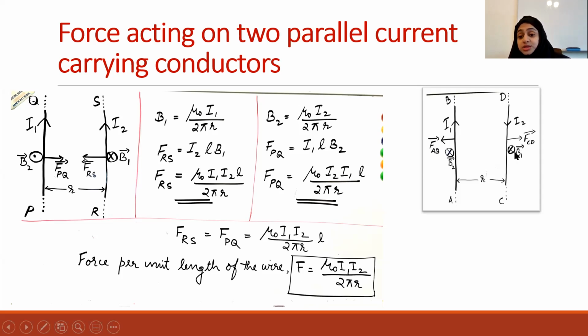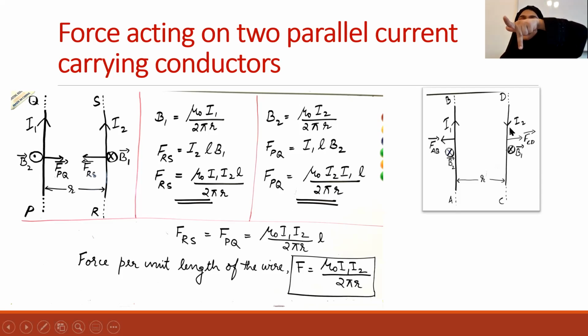Okay. Now what is the force experienced by the wire CD due to this magnetic field B1? I'm just using the Fleming's left hand rule here. So I'm taking my left hand, holding the first finger, which is into the screen. And then the second finger, I have to put it down. Why? The current is moving down here. I2 is down.